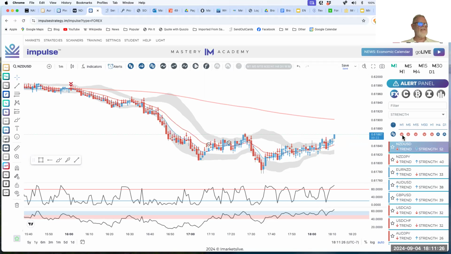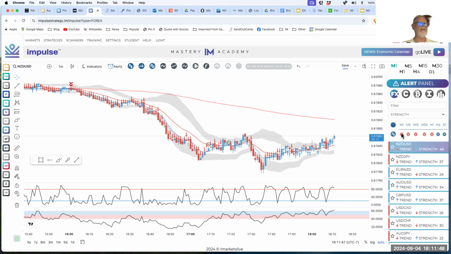This area is very important. This is showing you what the trend is on the 1 minute, 5 minute, 15 minute, etc. You want to have at least 4 going in the same direction, one after the other. So New Zealand dollar against US dollar, we've got 1, 2, 3, 4, 5.